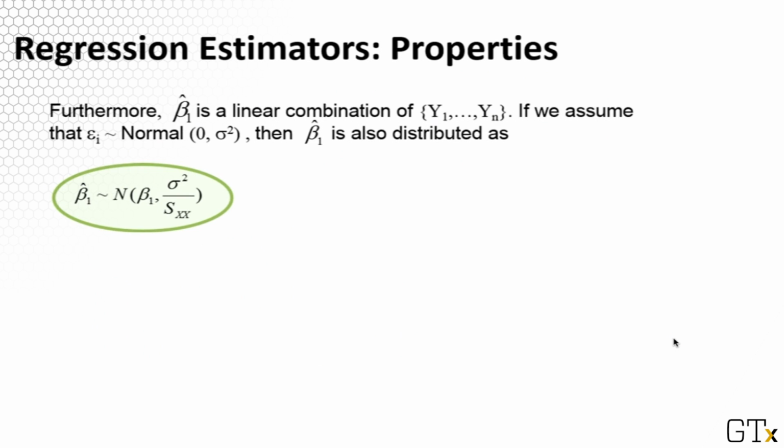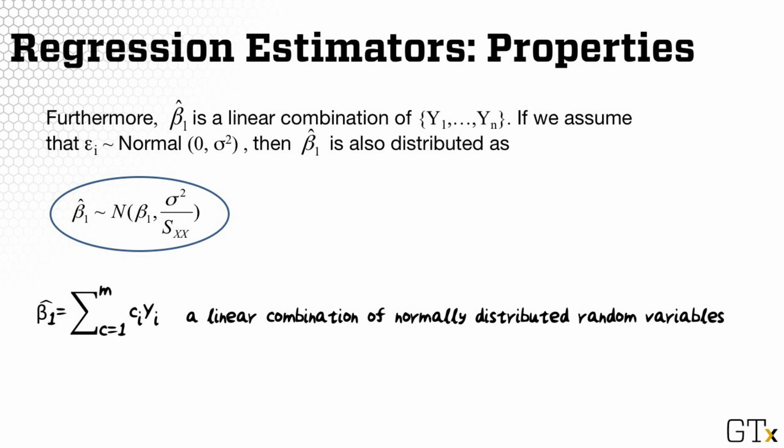Let's dive more into the properties of this estimator. I will remind you that beta 1 hat is a linear combination of the yi's, the response variables. Under the normality assumption, beta 1 hat is thus a linear combination of normally distributed random variables, and thus beta 1 hat is also normally distributed.